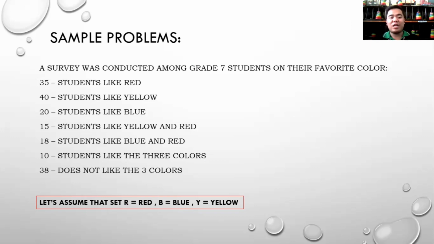Dapat naman talaga isa, pero hindi talaga natin maiiwasan na pipili tayo ng dalawa. Kasi pareho natin silang mahalin. So ito yung nangyari. May 15 students na pumili ng yellow and red. So they both check yellow and red as their favorite color.